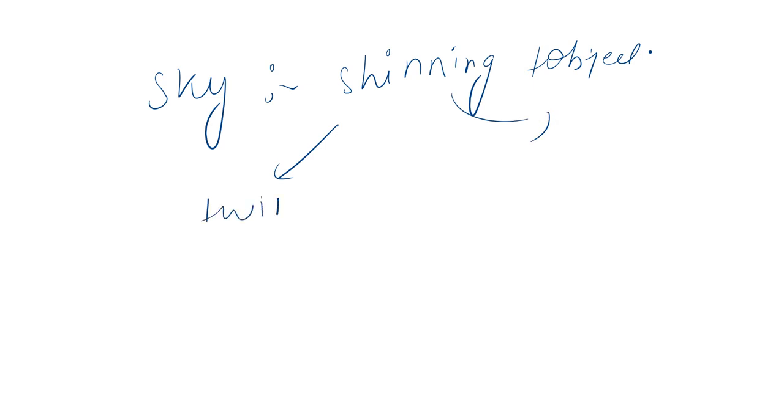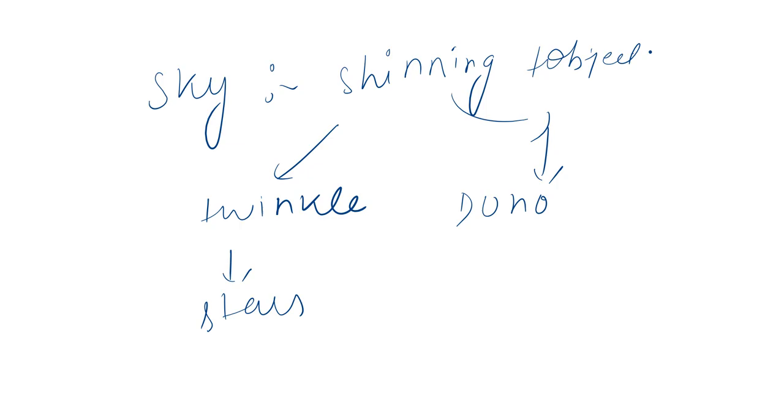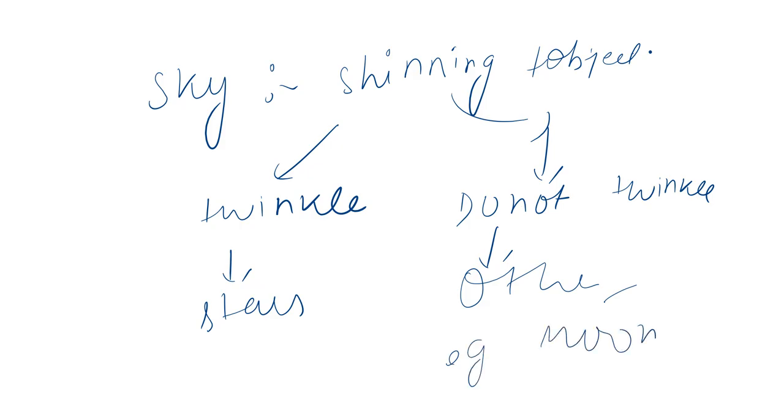The things which we see twinkling are called stars, and the things which we do not see twinkling we know as other celestial bodies which are not stars, just like the moon. In the moon, we know there are two types: full moon and new moon.